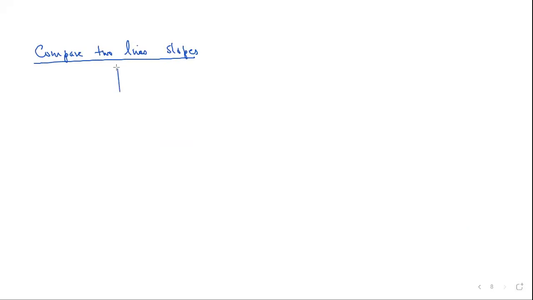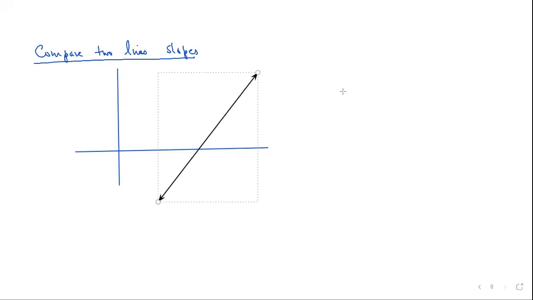If the two lines are parallel to each other, imagine line L1 and line L2. They are parallel to each other. Then what can you say about the slope of L1 and slope of L2? Tan theta will be the L2 slope.